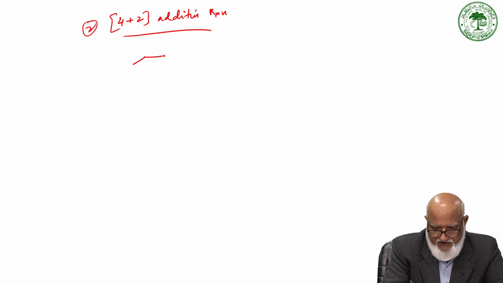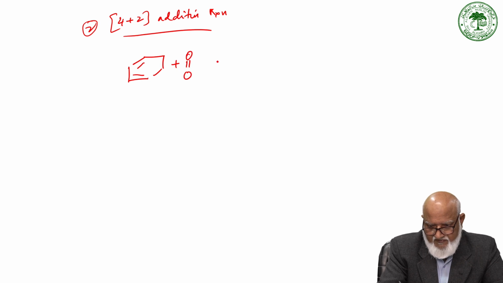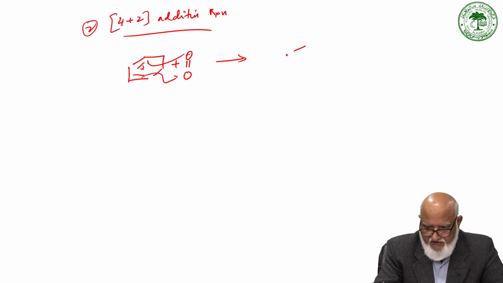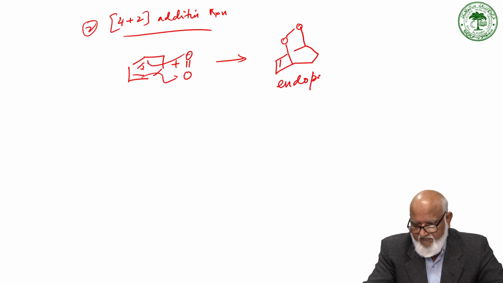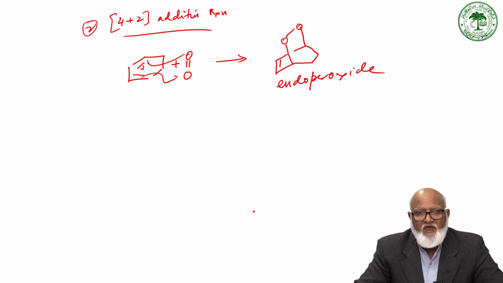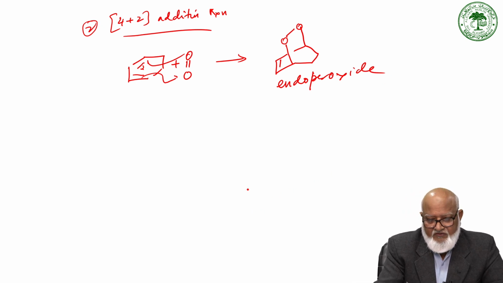So if we have a diene system like this plus singlet oxygen, it can add in a fashion to give a product like this. So this is an endoperoxide. Endoperoxide is formed through 4+2 addition of a diene with singlet oxygen.